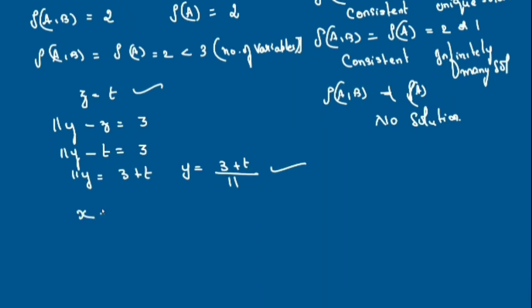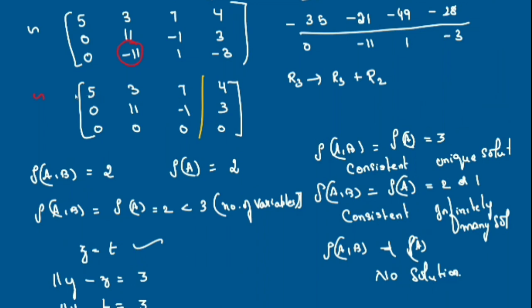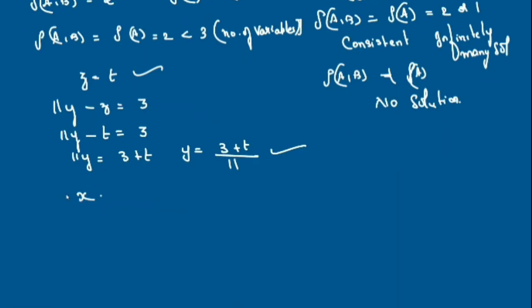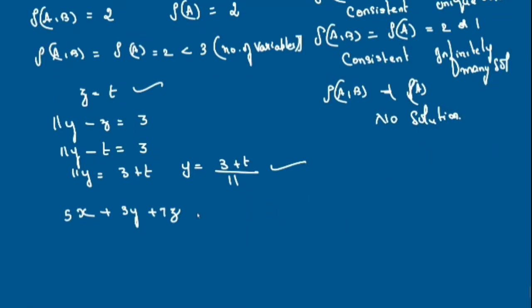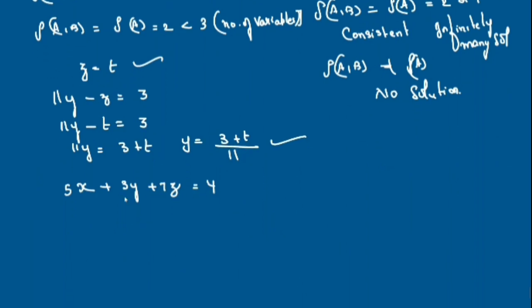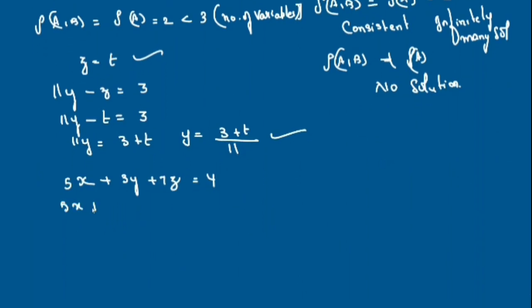So x is equal to, take the first equation. You have the first equation here, 5x plus 3y plus 7z equal to 4. So 5x plus 3, what is y? We got y as (3 plus t) by 11. 7 into z, we took it as t, is equal to 4.